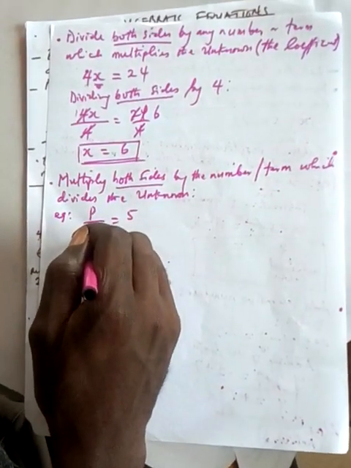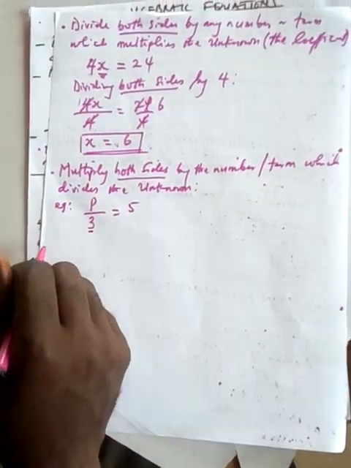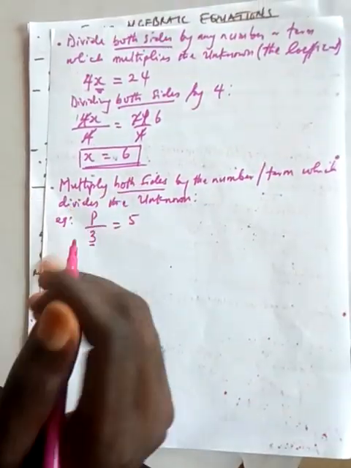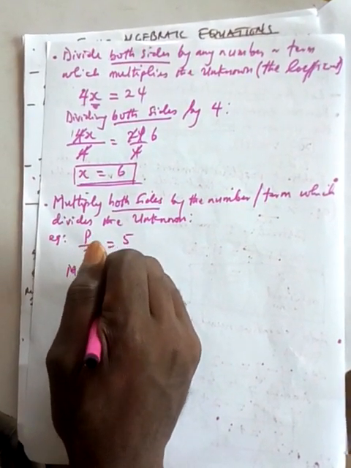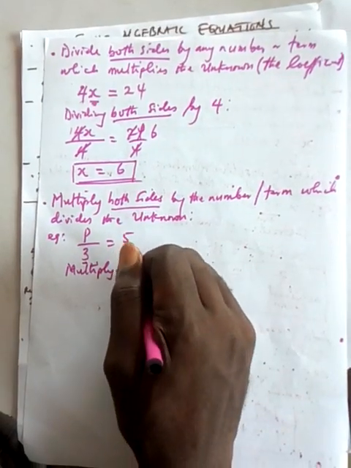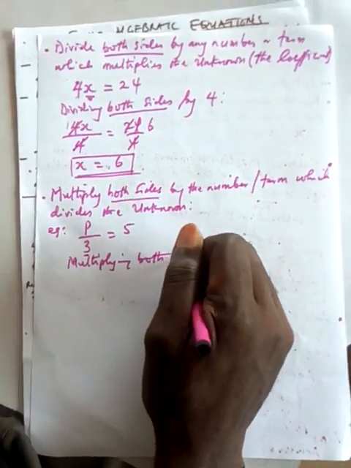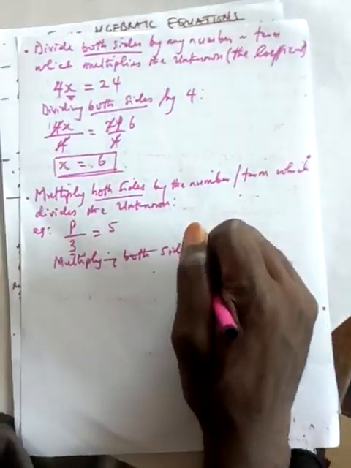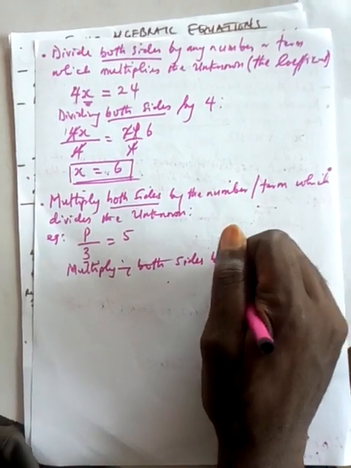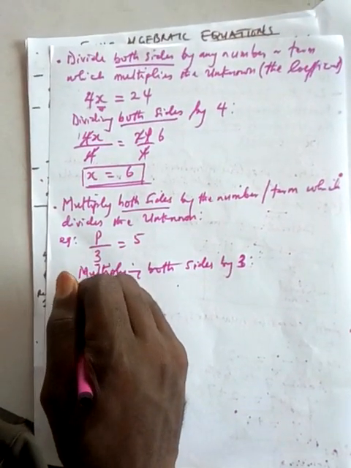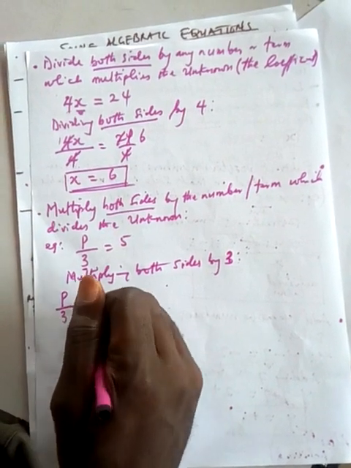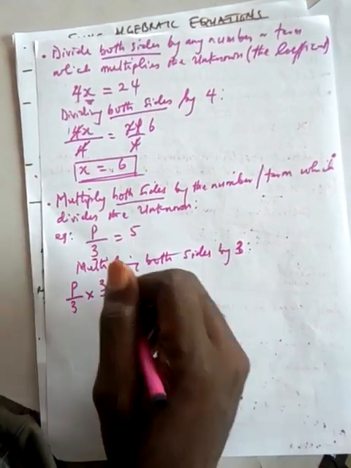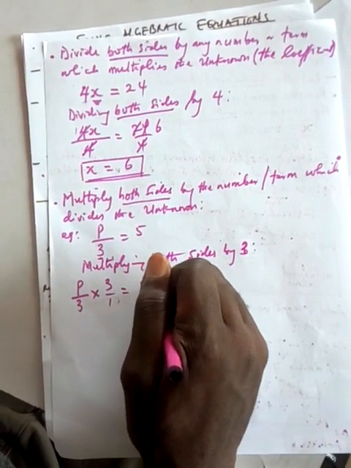Because 3 is dividing, we multiply both sides by that same 3. So we are performing the opposite operation, multiplying both sides by 3. We have p over 3 multiplied by 3. You know, this 3 is the same thing as 3 over 1, 5 multiplied by 3.